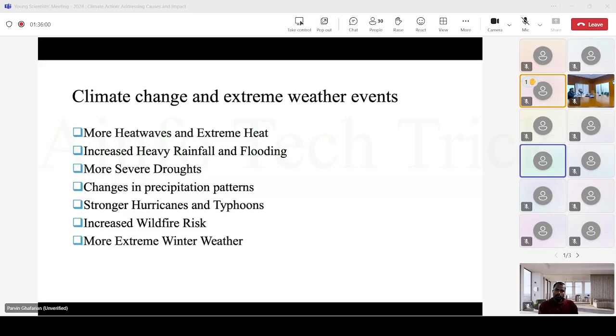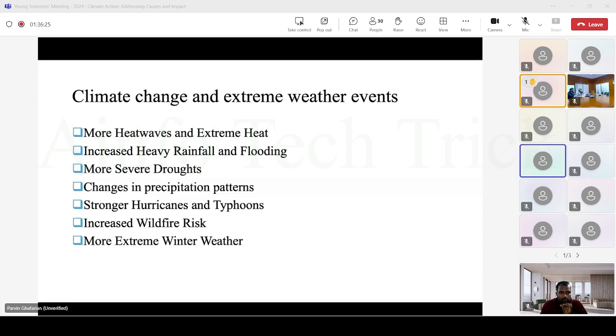And the change in precipitation pattern. Climate change can shift rainfall patterns, making some regions drier and more susceptible to drought. Stronger hurricanes and typhoons: warmer waters provide more energy for hurricanes and typhoons, leading to stronger storms with higher wind speeds and heavier rainfall.